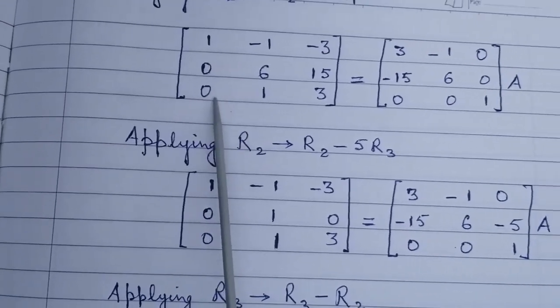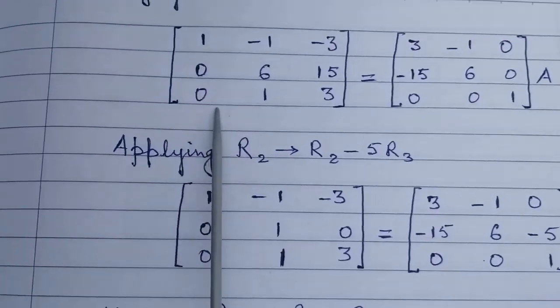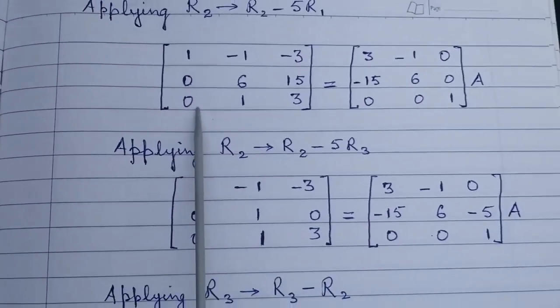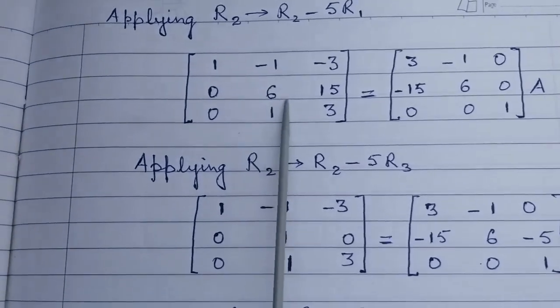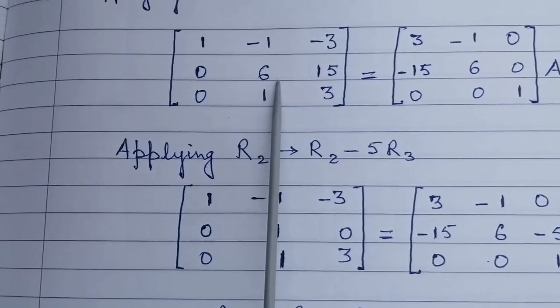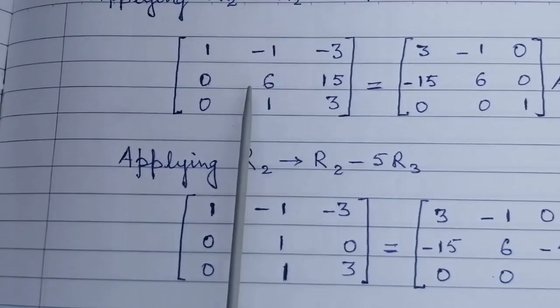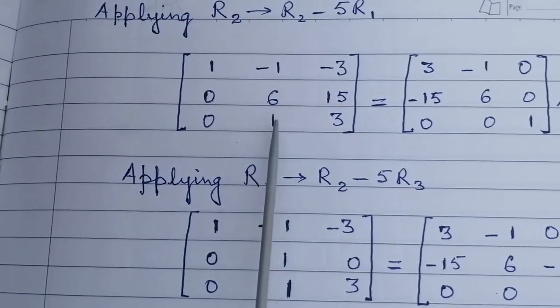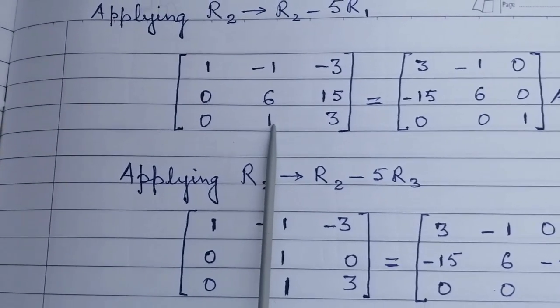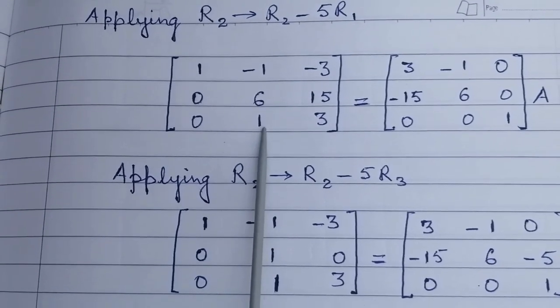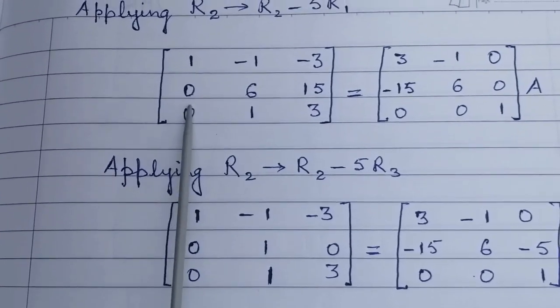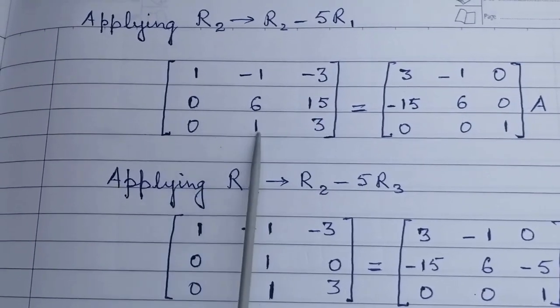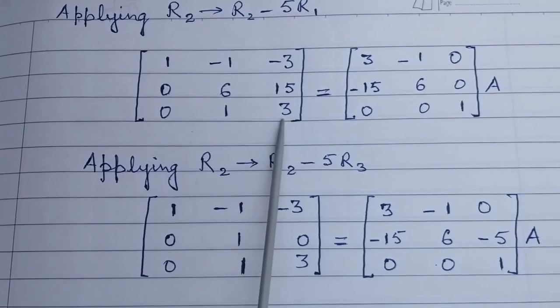So 1 2 3, we have got now 1 0 0. Now where do we start from? This 4. I have to make this as 1, right? So now again 6 minus 5 can be 1. So on R2 I apply R2 minus 5R3.